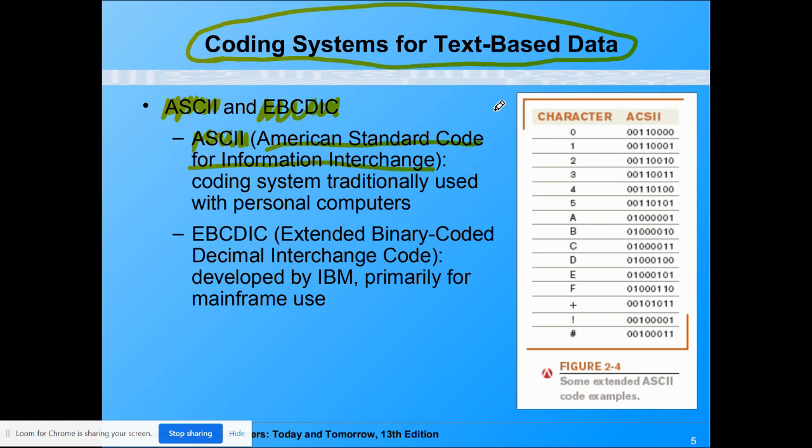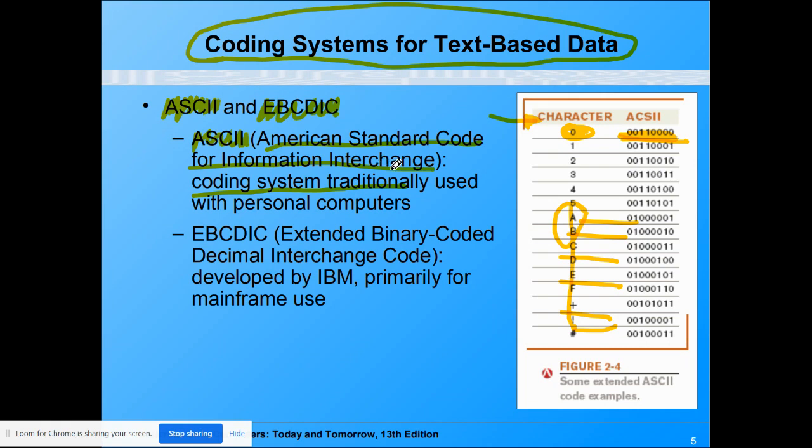Here is an example: when you press 0 on your keyboard, this is its equivalent in binary. So each character has an equivalent in binary. This is the traditional coding system used in our computers.